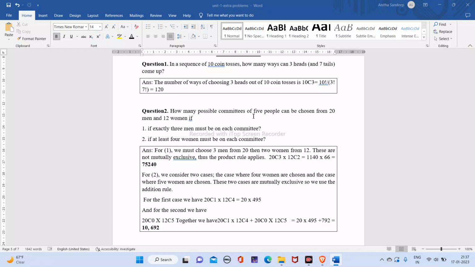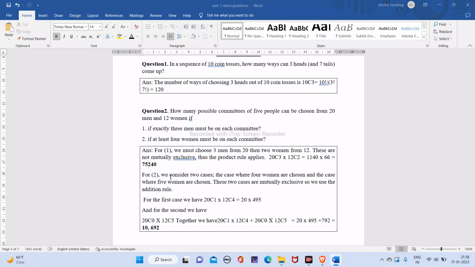Next, how many possible committees of 5 people can be chosen from 20 men and 12 women if, first, exactly 3 men must be on each committee, and second, if at least 4 women must be on each committee. So for the first one, we must choose 3 men from 20, then 2 women from 12. These choices are independent, so by the product rule, there are 20C3 into 12C2, which is 75240.